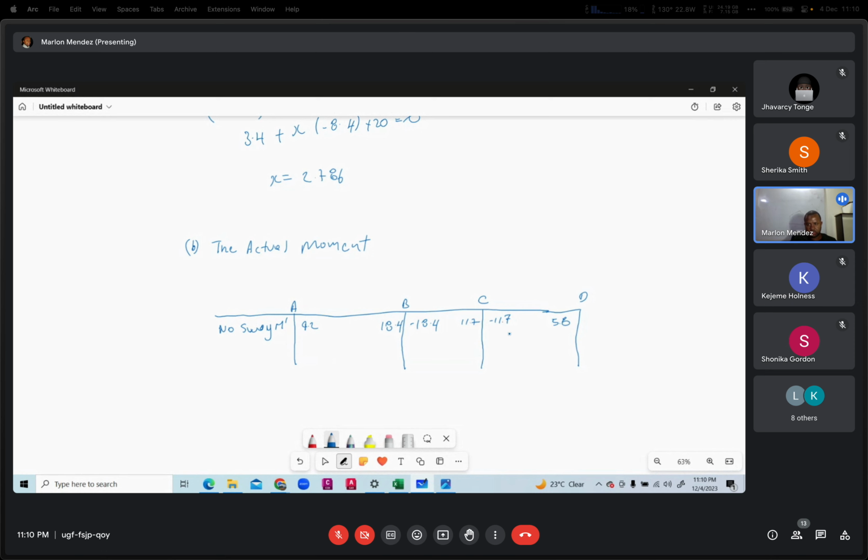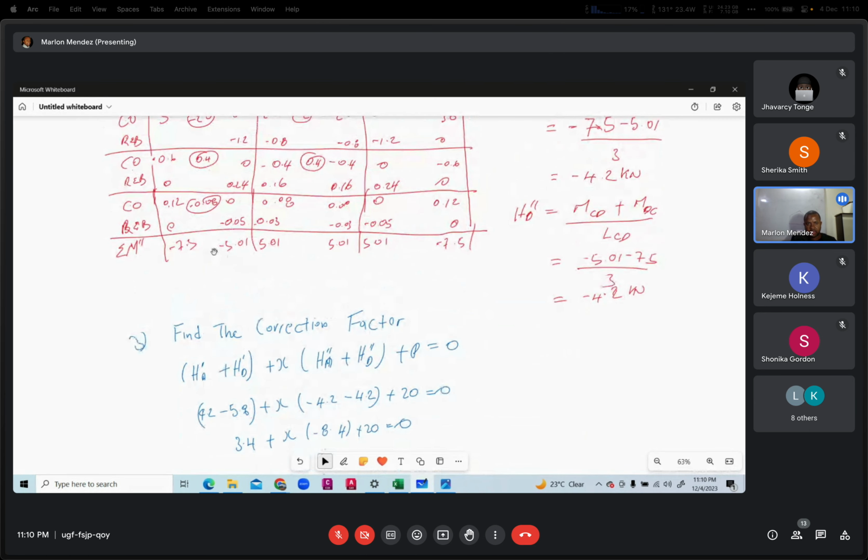So where we have sway, which is the correctional factor, you will apply the correctional factor. You're going to multiply the correctional factor, which is 2.786, by this.